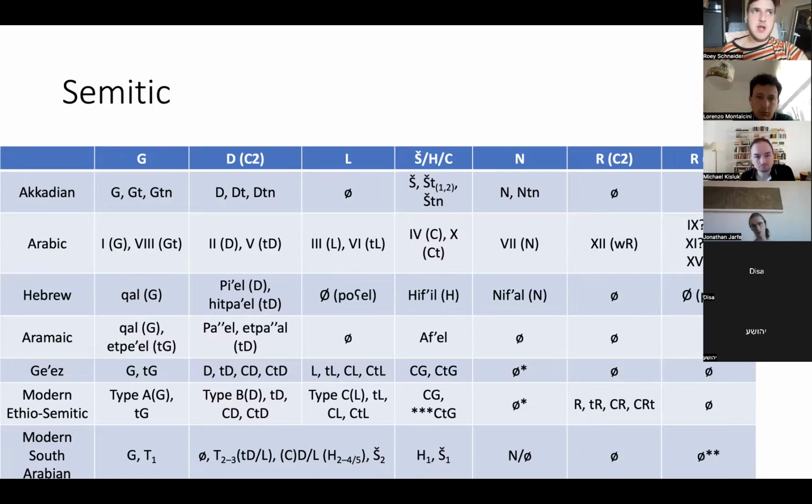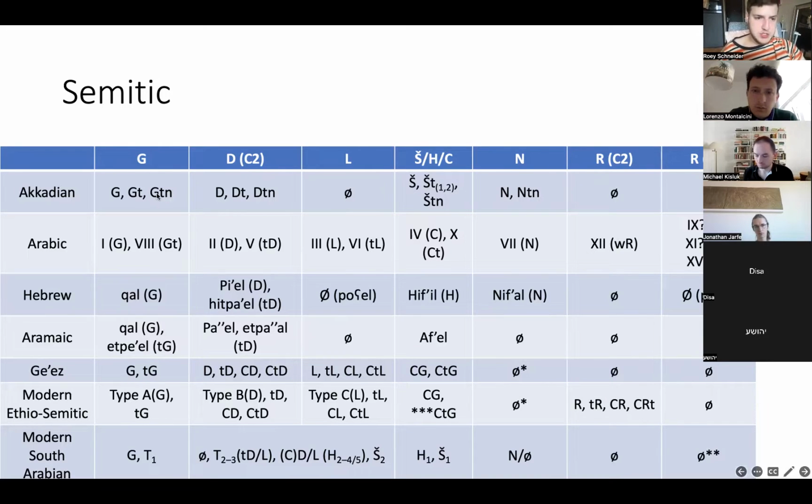So there are a few verbs inflecting in the GT in the Hebrew Bible or TG, like hitpaked, hotpaked, but it does not really exist in modern Hebrew or any other kind of Hebrew. And in Gez, we have the TG, the tafa'la, and in modern Ethio-Semitic also the derrese, the fa'ale, and modern South Arabian, what we call the T1 stem.